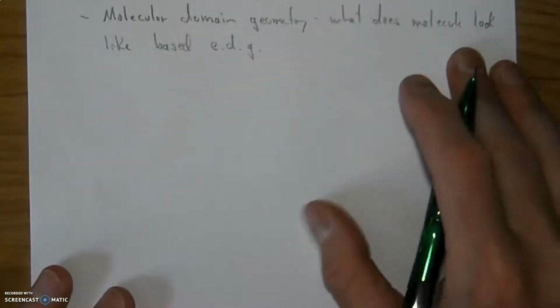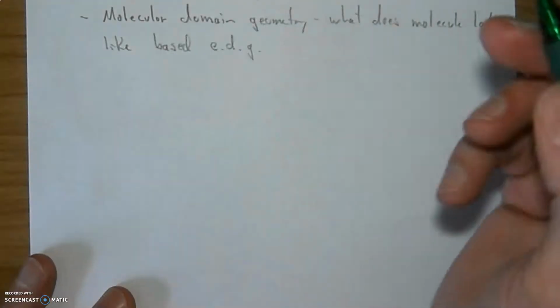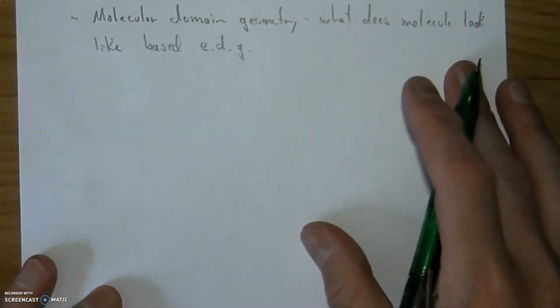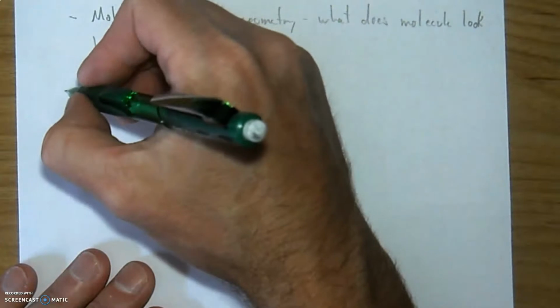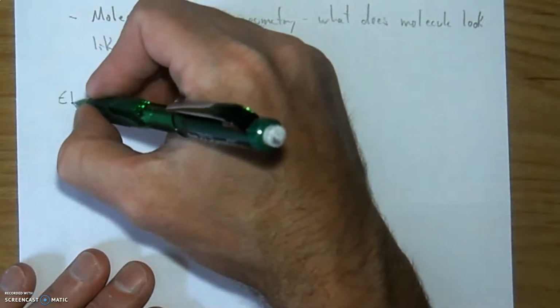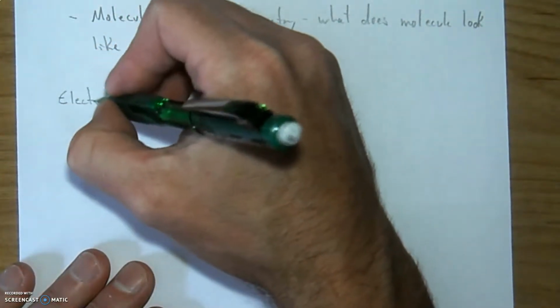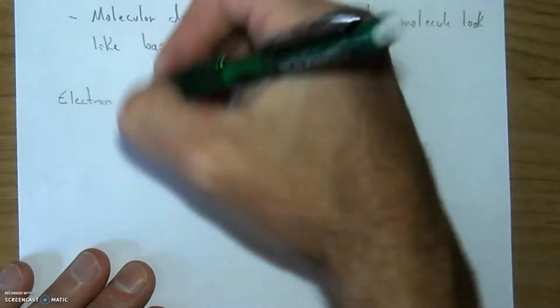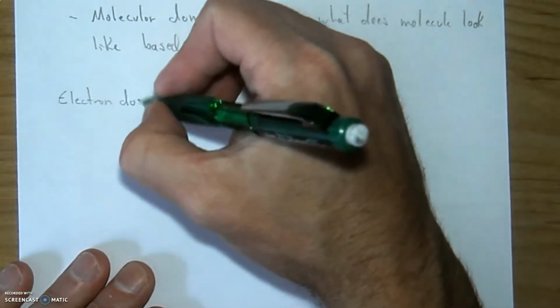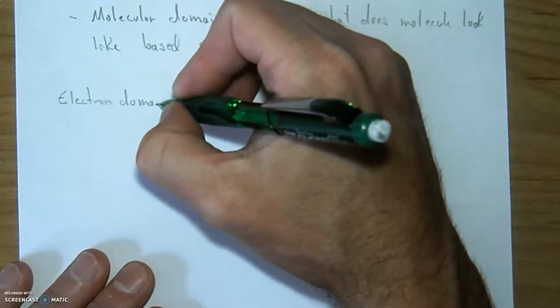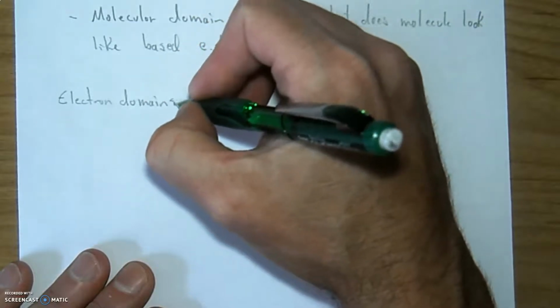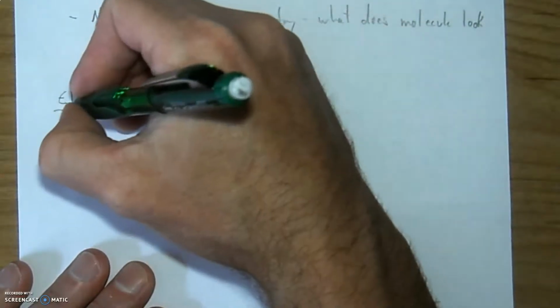Okay, so we're going to have lots of these little examples here. I'll give these headings, and leave yourself as much space as you want, but you'll continue on to different pages. So I'll write one heading. I'll write this: electron domains. Underline that.